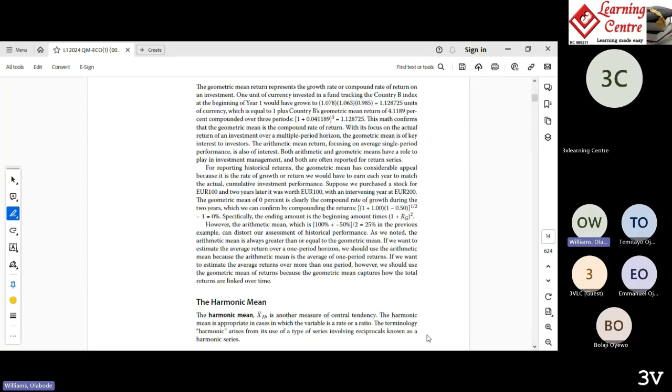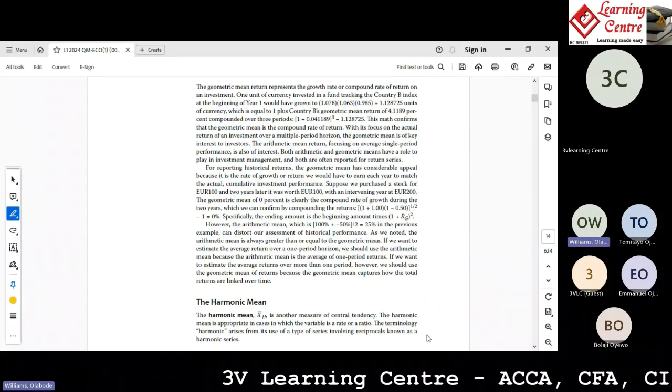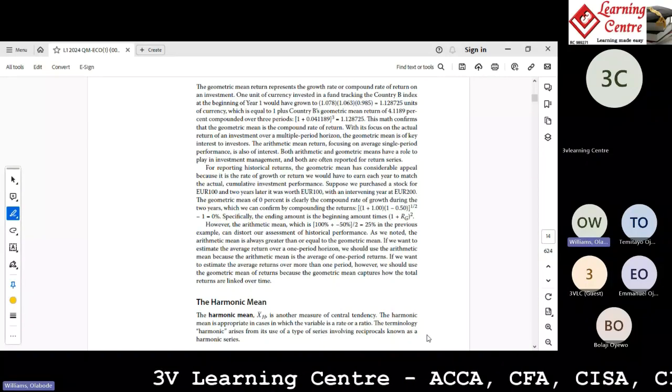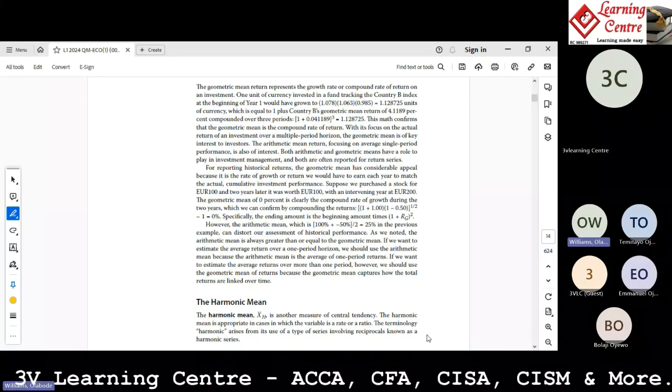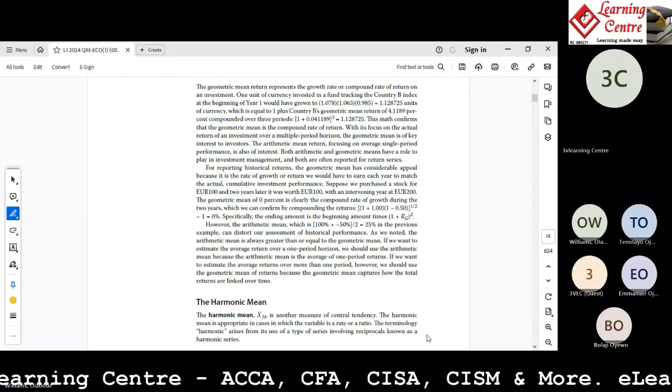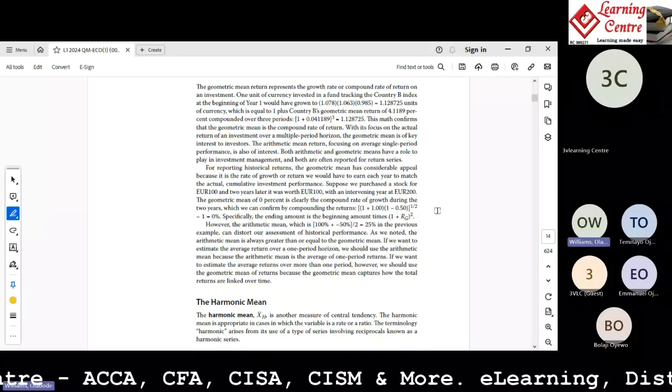Even though they might give you numbers, you don't need to calculate anything. You should be able to go straight to your answer. So anyone, what condition will make arithmetic and geometric mean close or similar? Does anyone want to try?